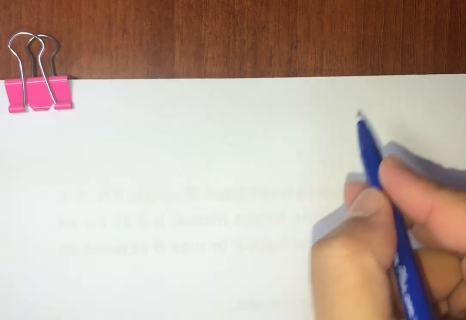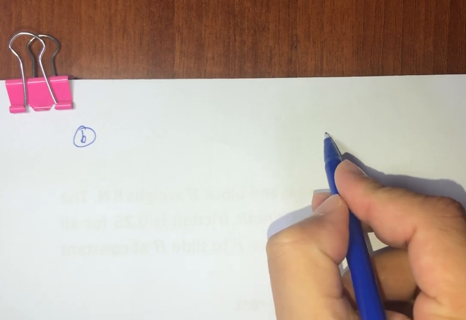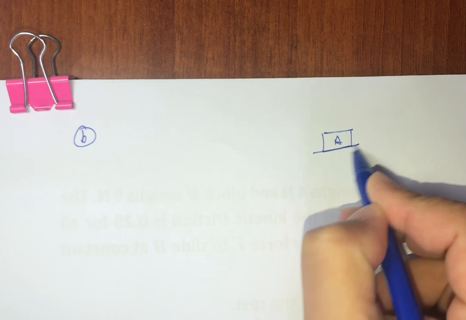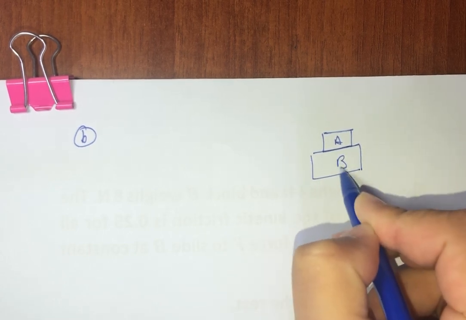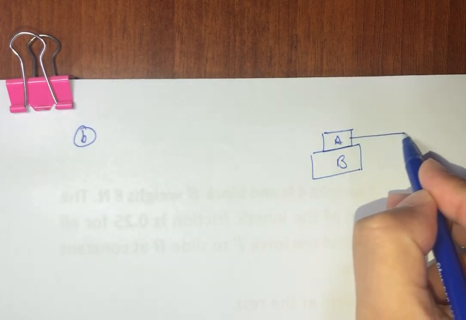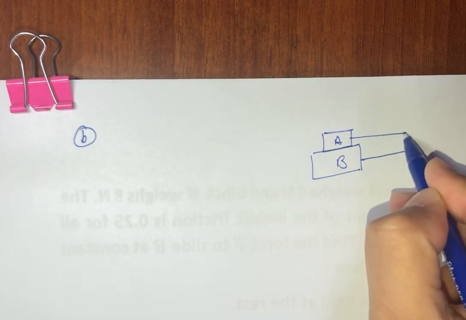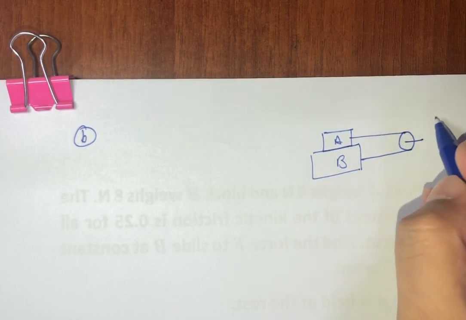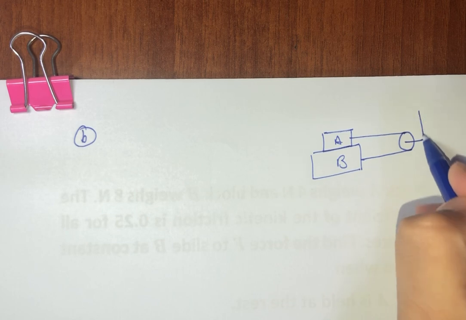And for B, now for the B part, in this case both A and B are connected using a string. So this is our A and this is B, and they are both connected using a string, like this.